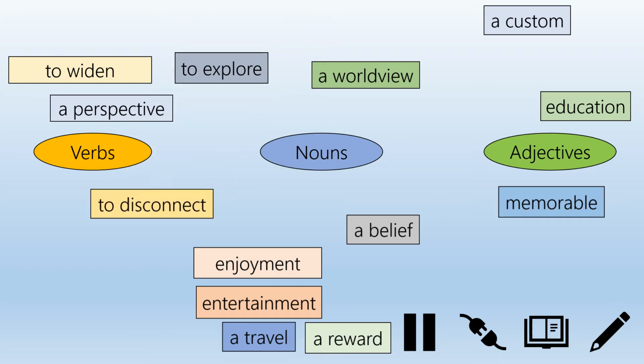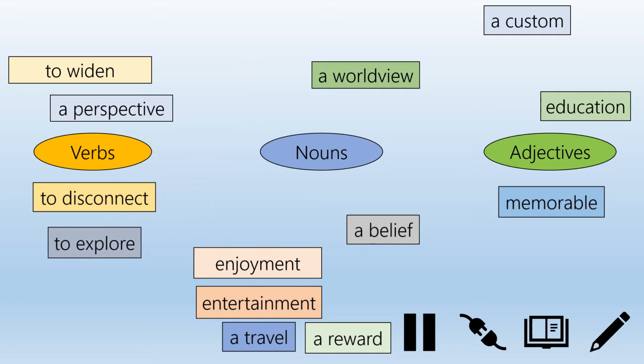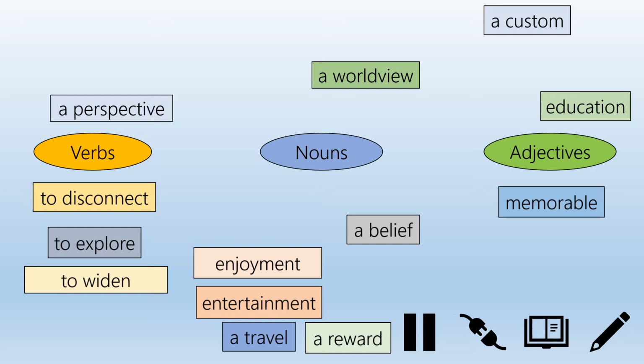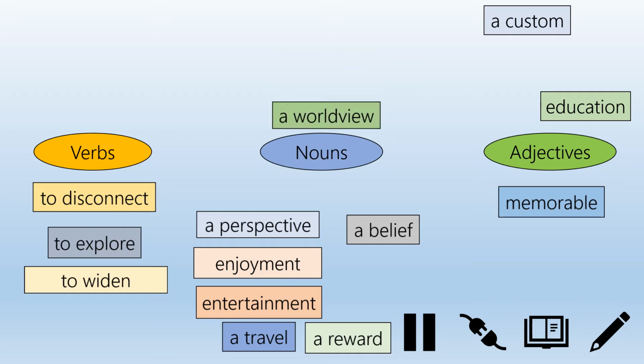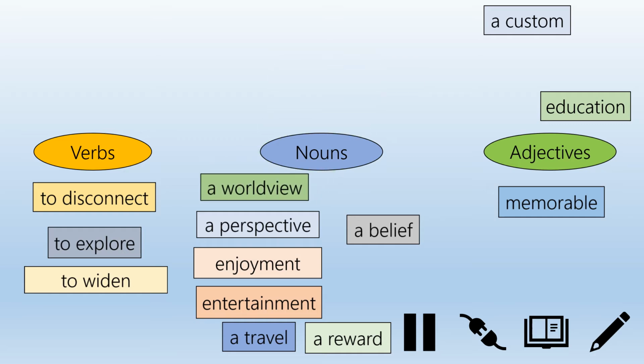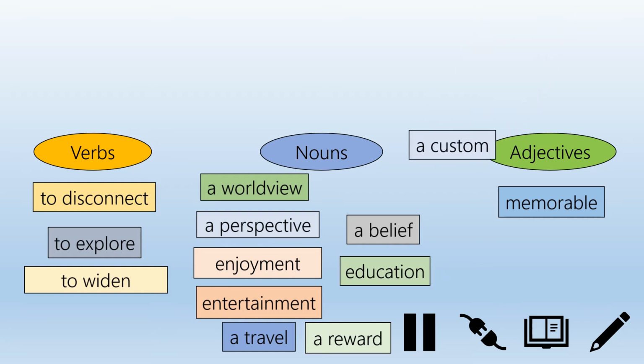To disconnect is a verb. To explore is a verb too. To widen is a verb as well. A perspective is a noun. A worldview, a noun too. Education is a noun. And finally, a custom is a noun as well. Well done.